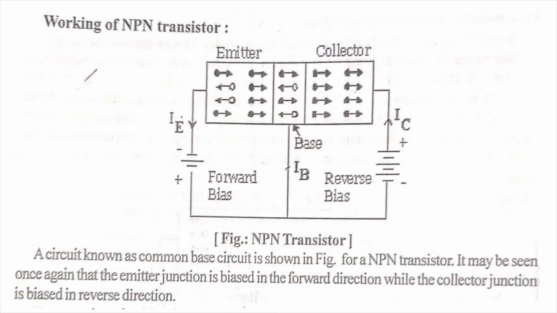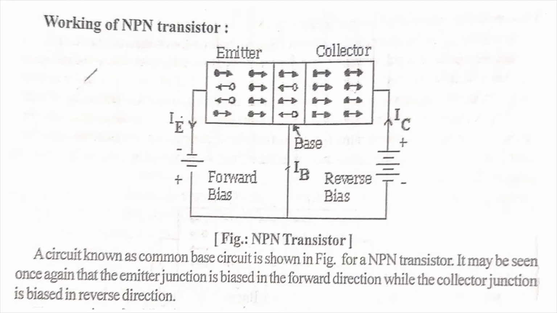Now see the working of NPN transistor, a circuit known as a common base circuit, as shown in the figure. For the NPN transistor, it may be seen once again that the emitter junction is in the forward bias direction while the collector junction is in the reverse bias direction.